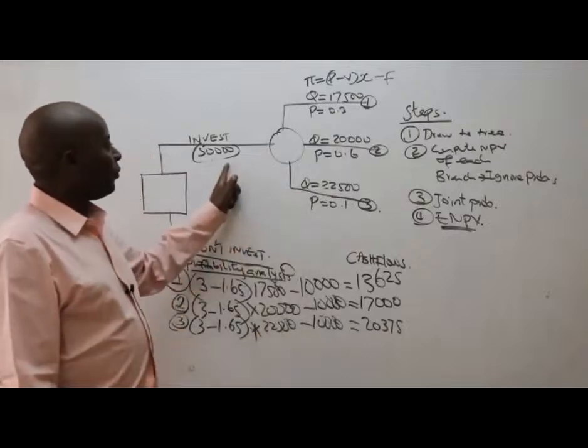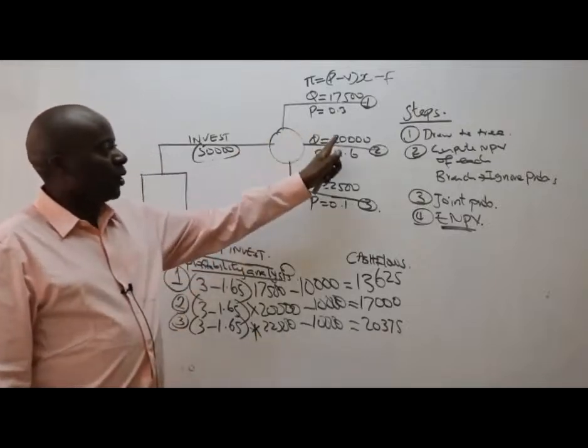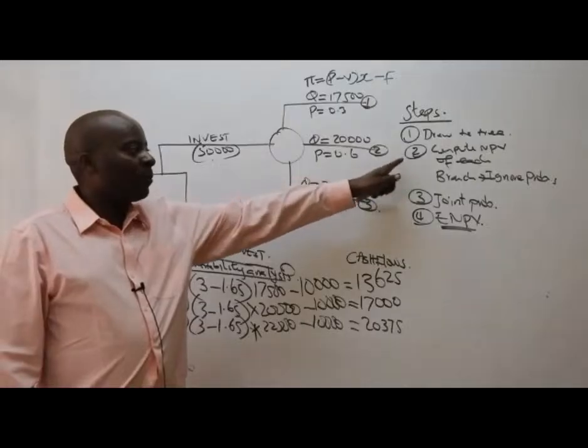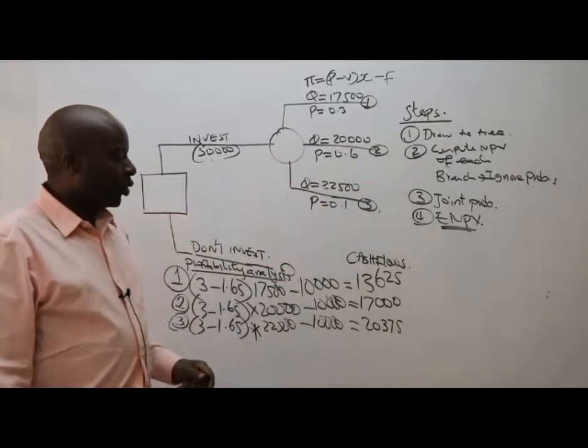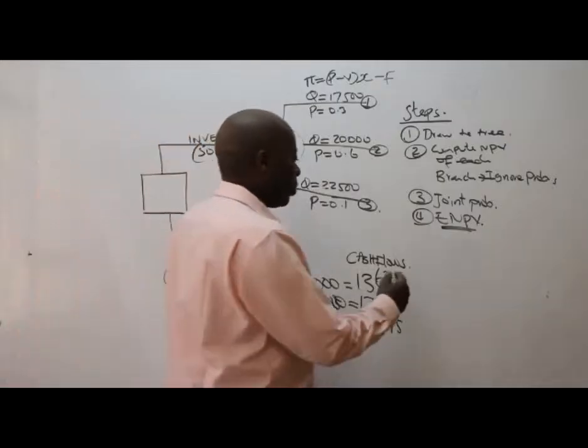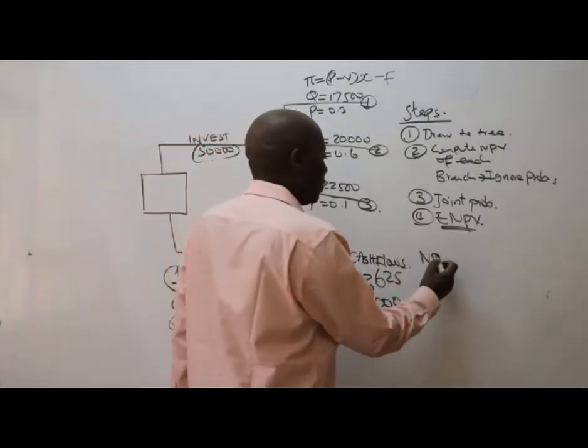So we have already done the first bit. We have drawn the tree. Now we are in the process of step number 2, computation of net present value of each branch. So I would want to put a column here for net present value.